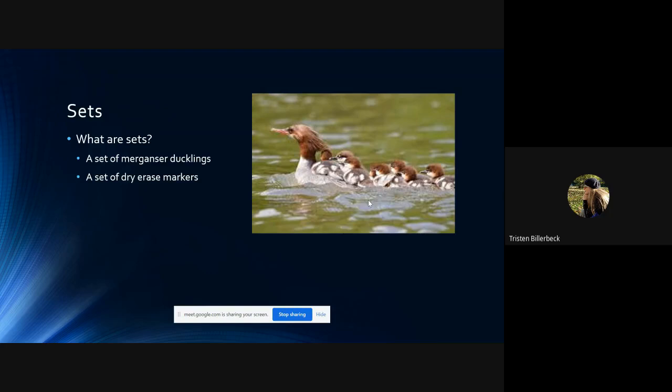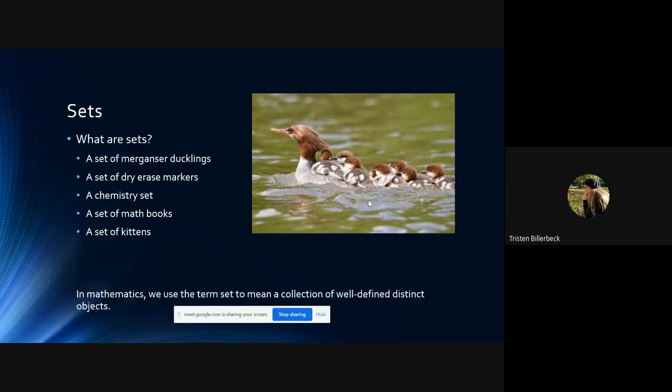Awesome. Then we could have colorful lessons. A chemistry set. Now that's something I always wanted when I was a kid, but I didn't get one. A set of math books. Well, you guys know that I always have those. And then we have a set of kittens. Oh, so cute. And a set of puppies would be super cute too.